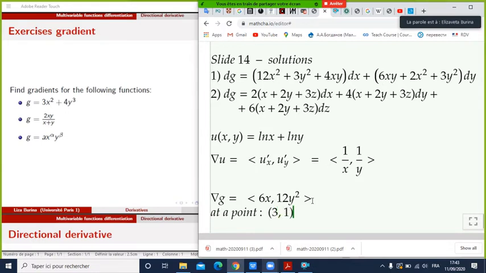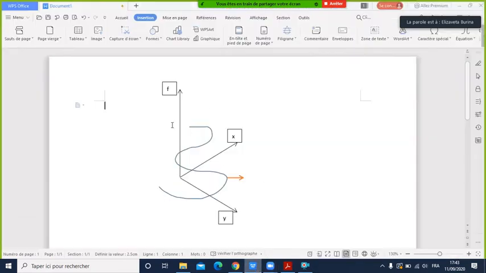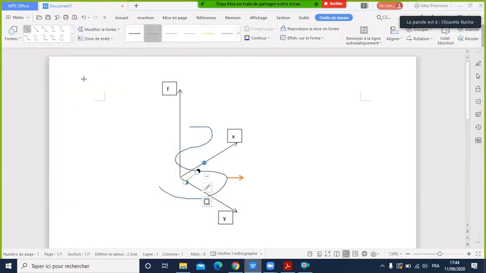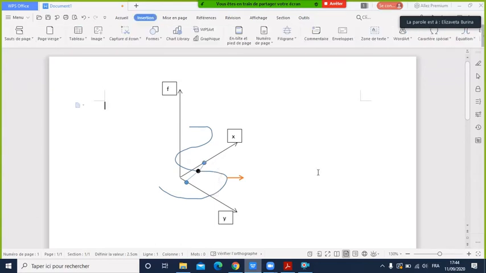What does it mean? It means that now we're starting, if we go back to our plot here, at some point here: for x we're taking 3, for y we're taking 1, and there is some point on the function that corresponds to these two values of x and y.